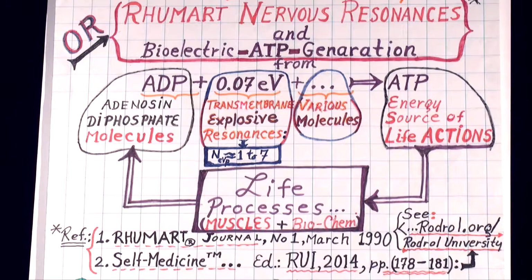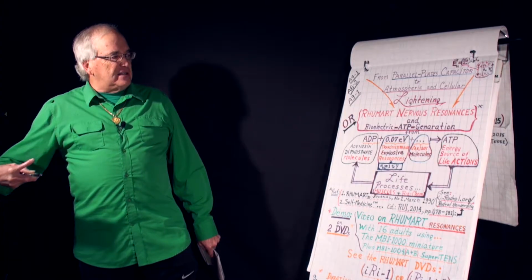That's interesting because the nerve action potential really has the right energy to stimulate the production of ATP, which is the energy source of life action in your muscle. Of course, when your muscle contracts, this reverts to ADP, and then this is a cycle.